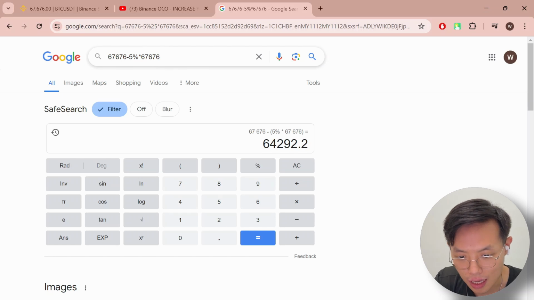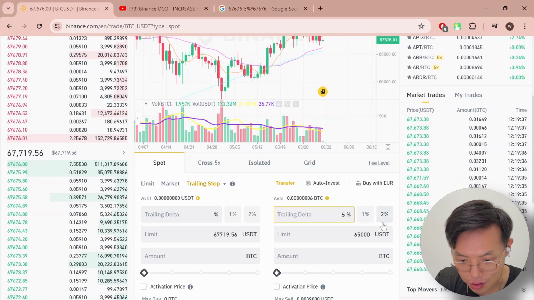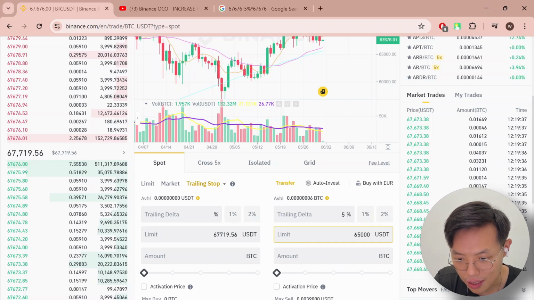The trailing delta is 5%. So right now, initially, the 5% is set at 64,000. So if it's 64,000, it is actually lower than the limit here, right? The initial stop loss limit here. That's why sometimes you want to set your initial stop loss limit. So this is the initial stop loss limit, and then you always show 5%.